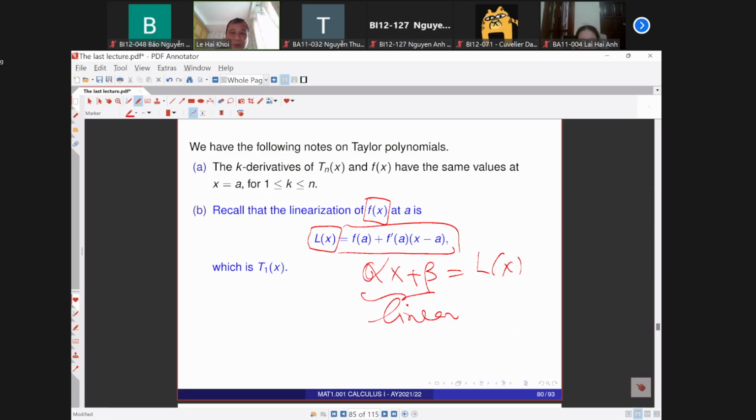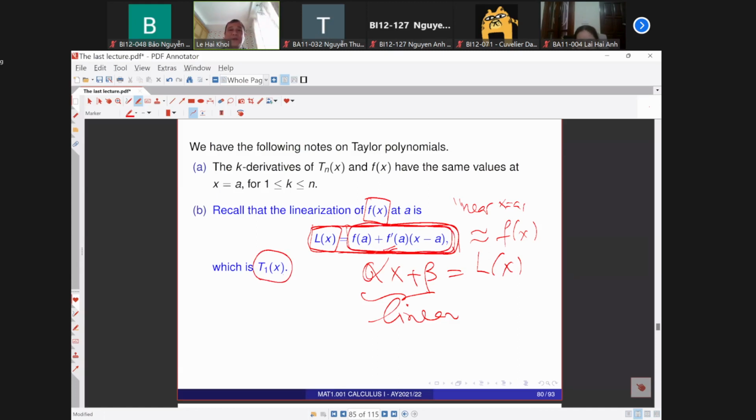So this we already studied, right? Approximated the same as f(x), very near x equal to a, very near, right? So what is that? This is a Taylor polynomial of degree 1, which means that T1(x).